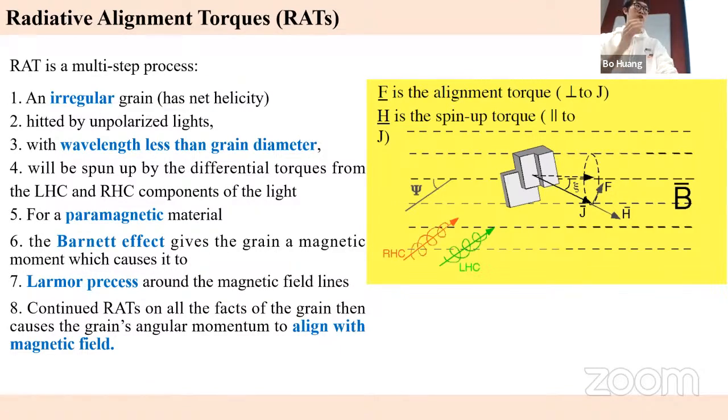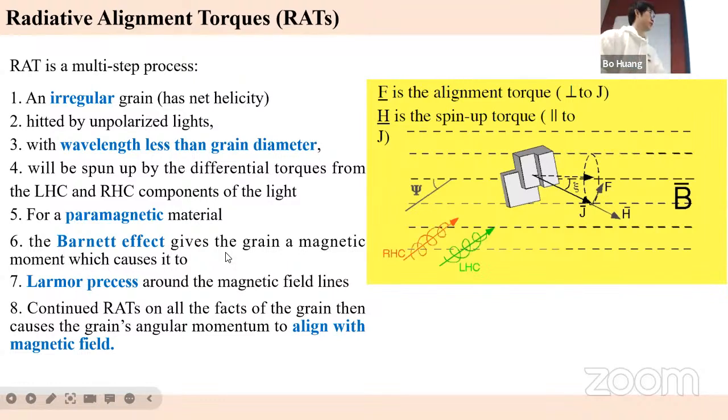This transfer of torque is efficient once the wavelength of the light is less than the grain diameter. If the dust grain is paramagnetic, like silicates, the Barnett effect will cause the grain to become magnetized. This magnetization interacts with the external magnetic field, and over the continual radiative torque, over the Larmor precession period, causes the grain to align with the magnetic field.